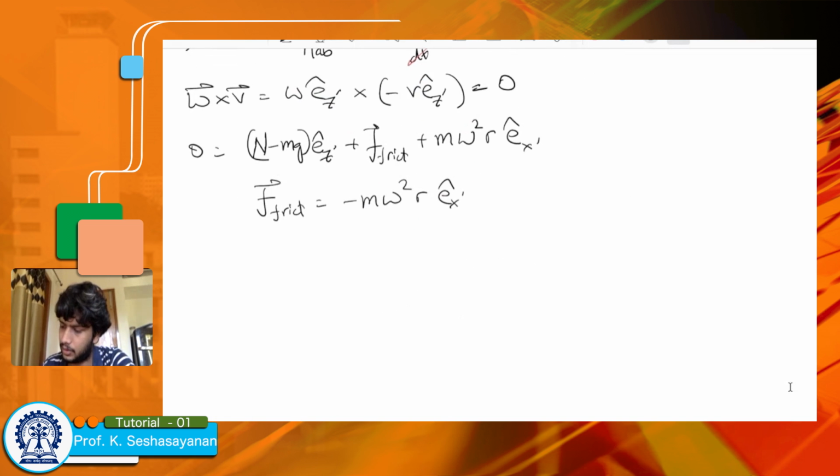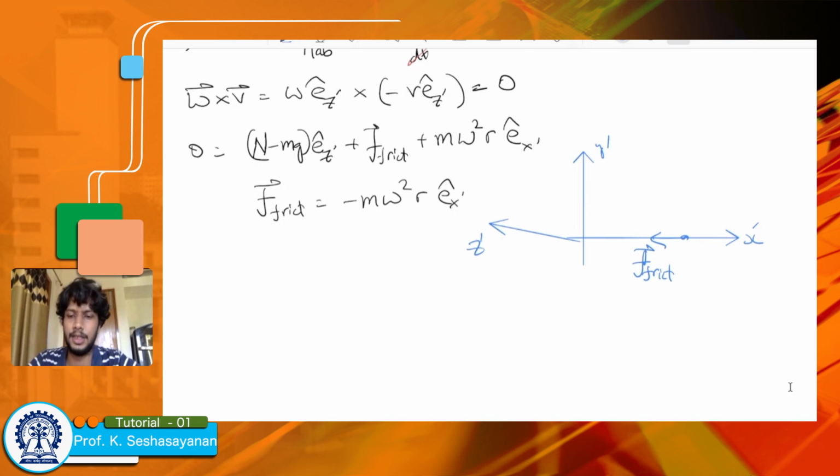So we'll again try to see how that looks in x prime, y prime, z prime, and we see that there's just one force which is along minus ex prime hat. Okay, so these are the frictional forces, or some kind of contact force, let's say, in these three cases. And now we'll try to look at why we get these directions, and what it physically means.